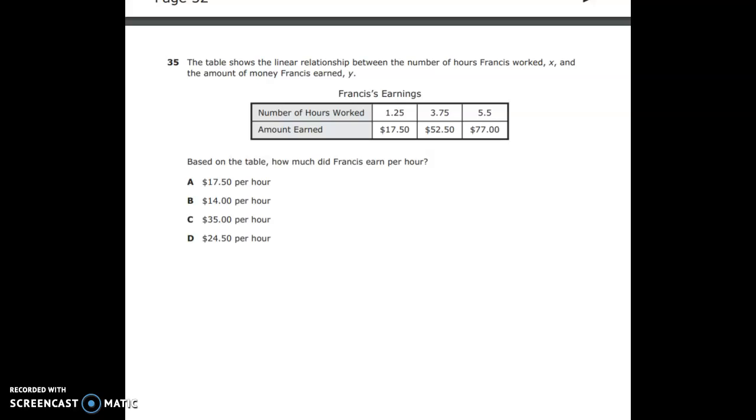Based on the table, how much did Francis earn per hour? A, $17.50, B, $14, C, $35, D, $24.50.